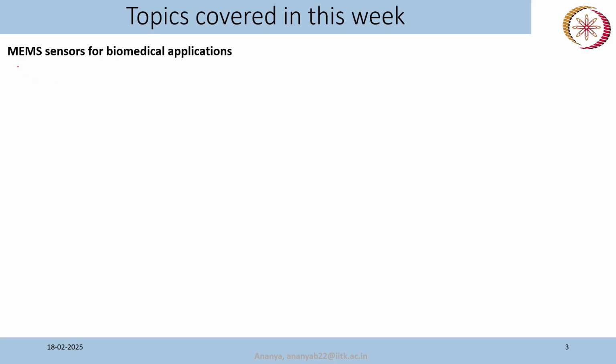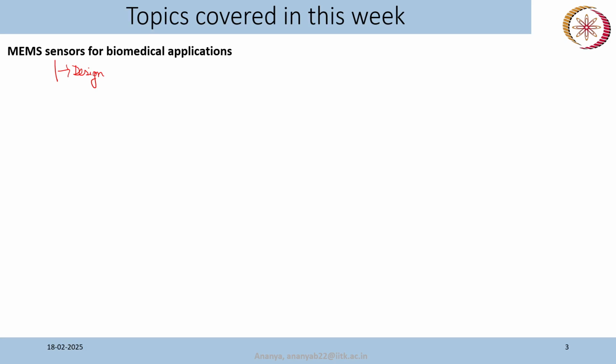So in this week, what topics were covered? Some examples of MEMS sensors for biomedical applications were given. When we talk about a MEMS sensor for biomedical application, basically it has two components. The first is the design of the sensor, because that is very important. You want to design your sensor for sensing a particular bioanalyte.